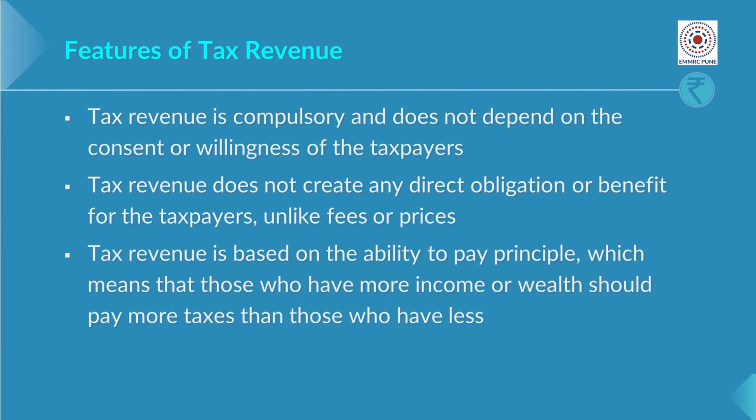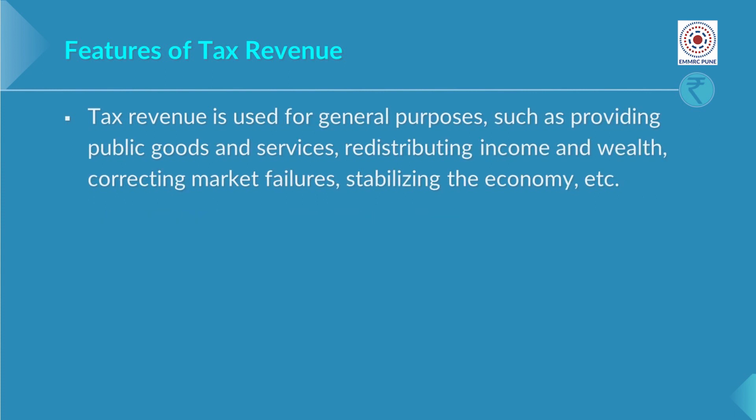Tax revenue is based on the ability to pay principle, which means that those who have more income or wealth should pay more taxes than those who have less. Tax revenue is used for general purposes such as providing public goods and services, redistributing income and wealth, correcting market failures, stabilizing the economy, etc.